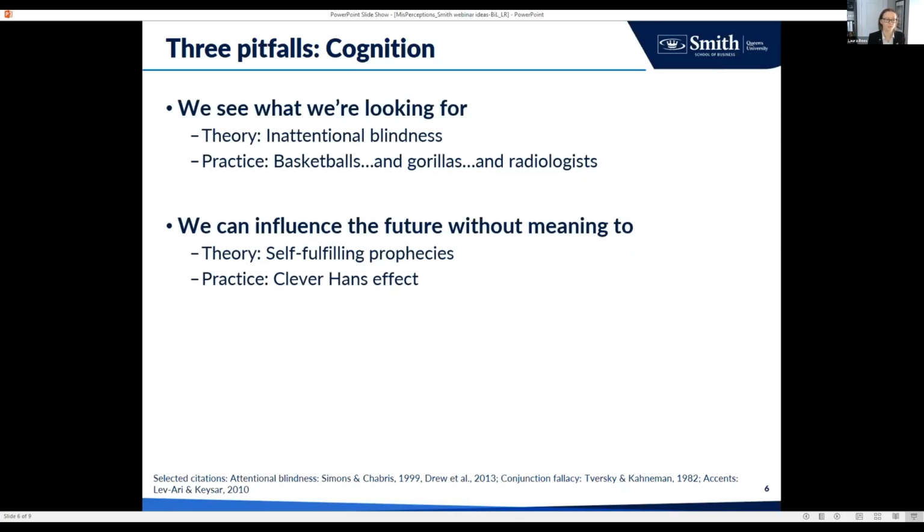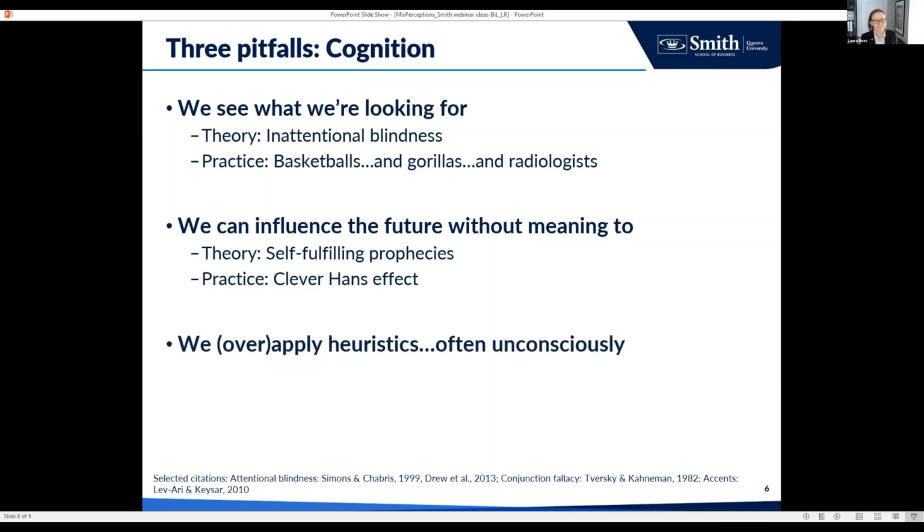There's a lot of research on teachers, managers, and others who have high expectations for a student or an employee, and that employee or student lives up to those high expectations, which can often be manipulated through no fault of the student or employee. And in the same sense, and this is the more dangerous side, people can live down to low expectations as well, because you're subtly changing the future based on your own expectations without even intending to do so.